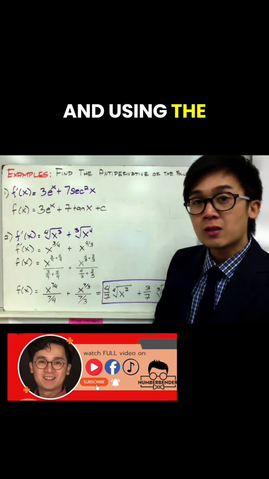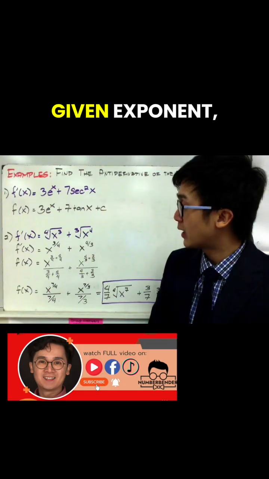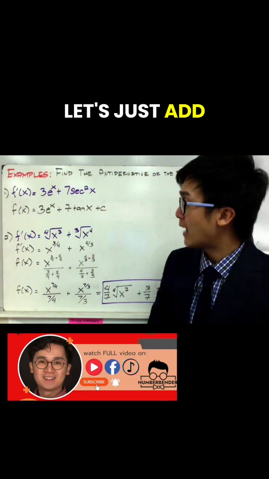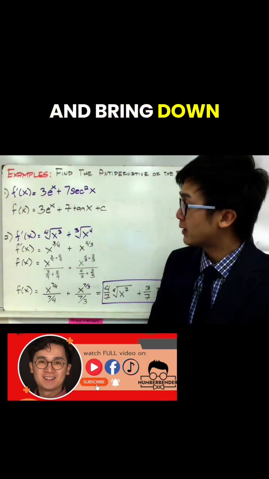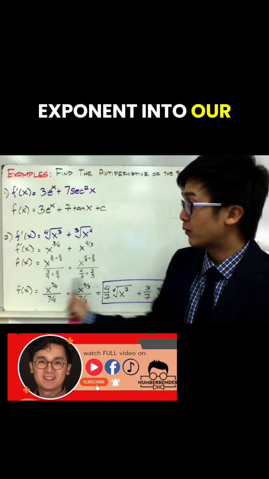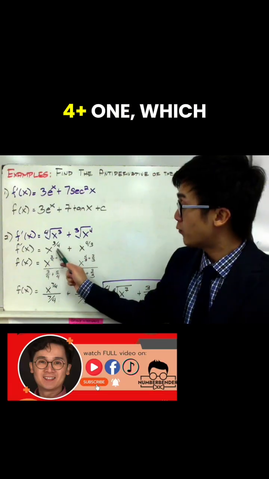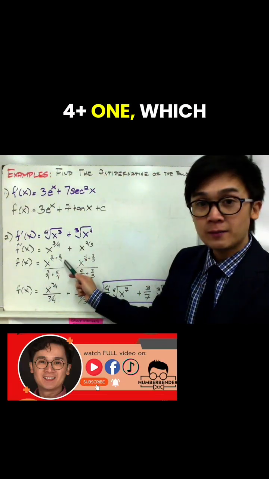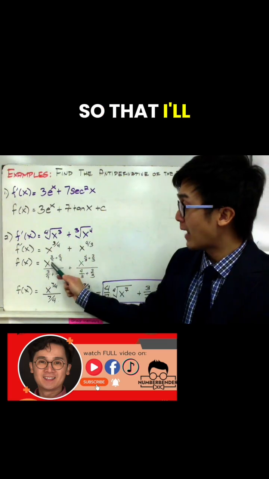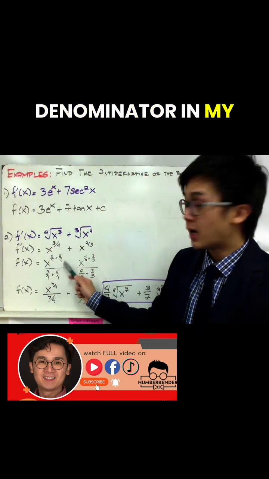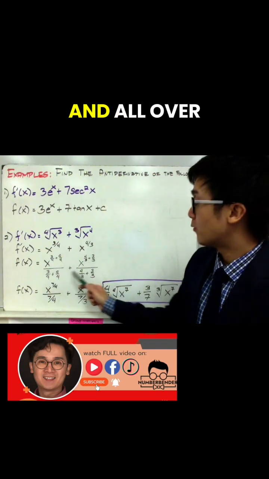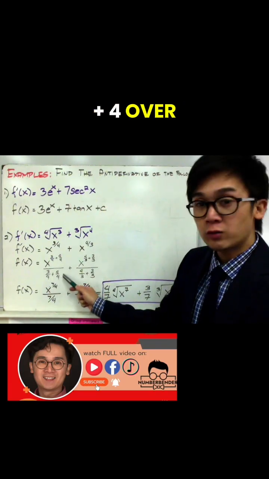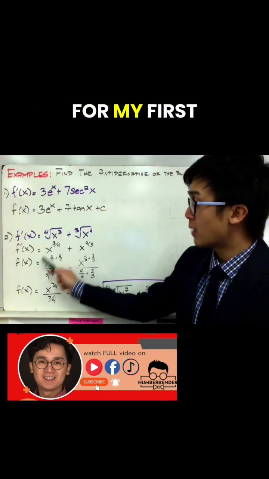Using the rule of antiderivative for a given exponent, let's just add 1 to our exponent and bring down that new exponent into our denominator. So 3 over 4 plus 1, which is simply 4 over 4, so that I'll have the same denominator in my fractions, all over 3 over 4 plus 4 over 4 will be the antiderivative for my first term.